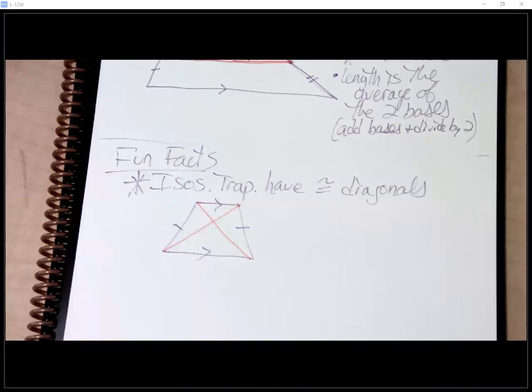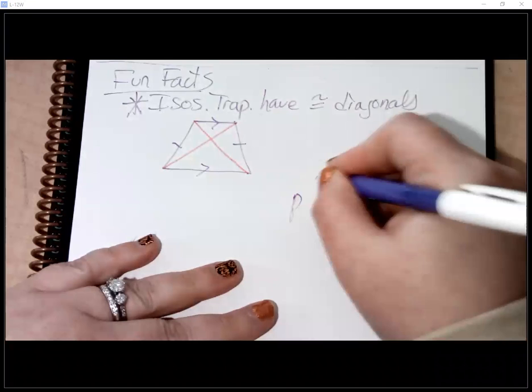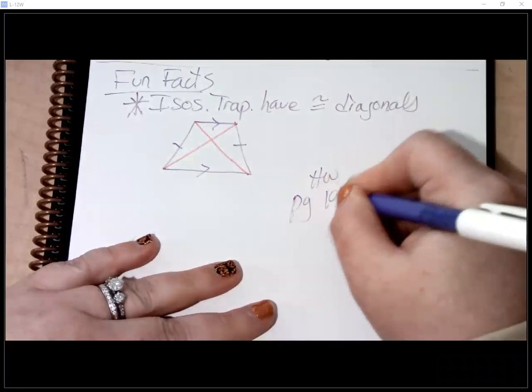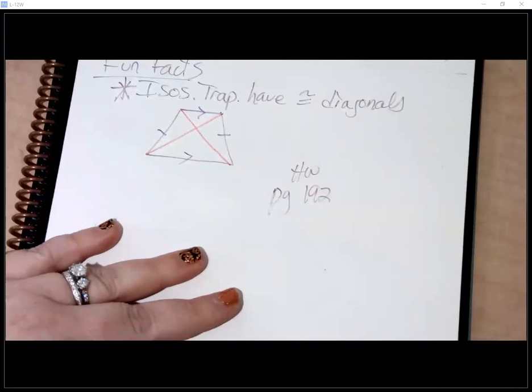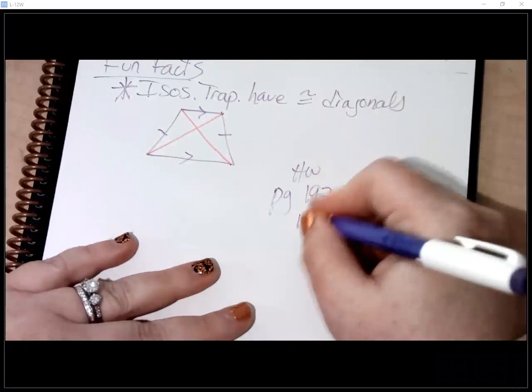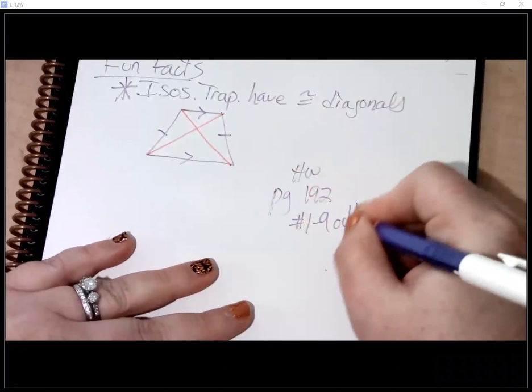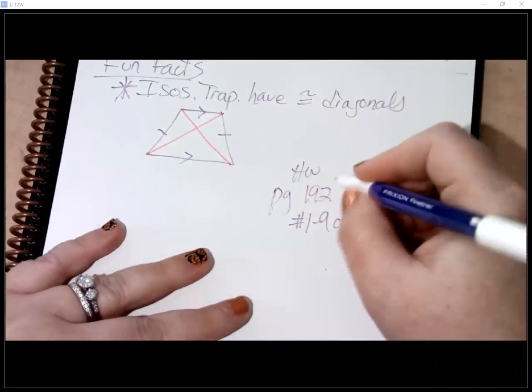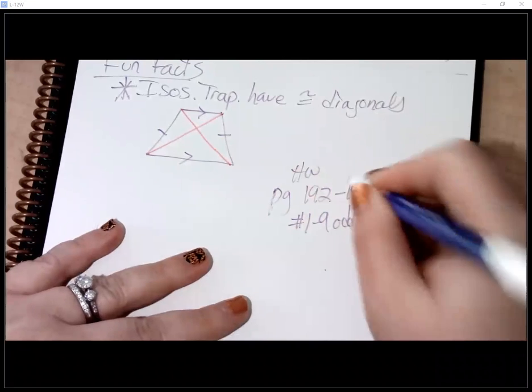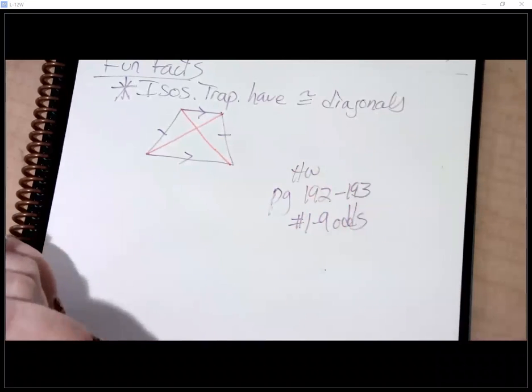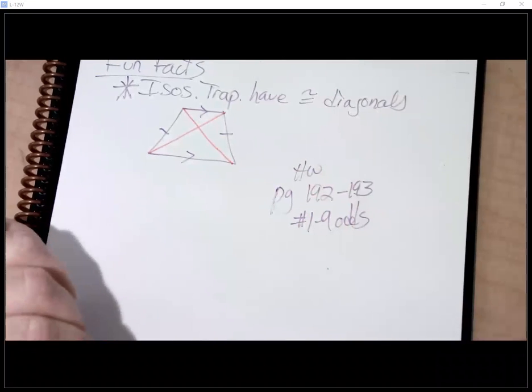Let's see here. Why don't we do page 192. Let's do 1 through 9 odds. We'll go on to page 193. And then why don't you just try how about 12?